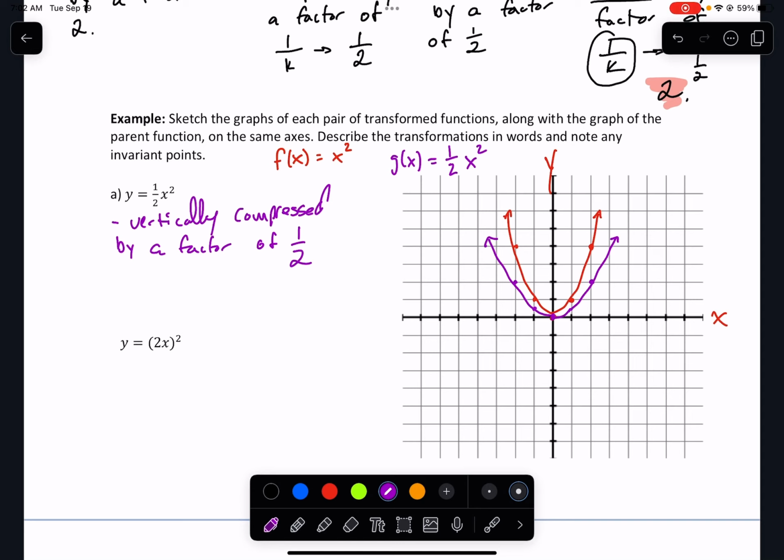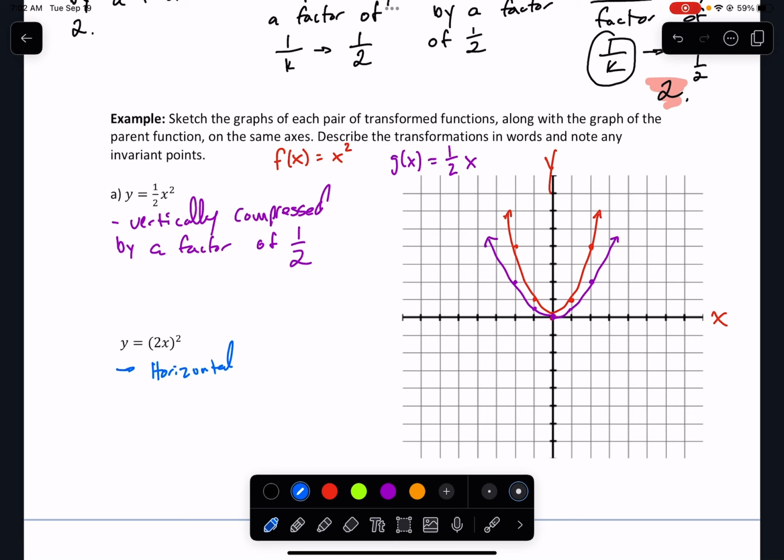Okay, now we're going to forget we did the purple graph and go back for the next question. It's always in reference to our original red graph. So for this one, I see brackets. The brackets mean horizontal, so the first word I'm going to write is horizontal.